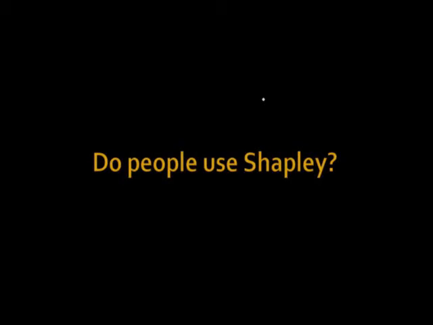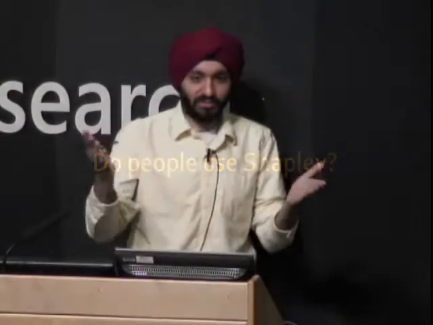I am not going to go into the details of why this is a fair metric, because all of you probably know about this, and Yoram already discussed it yesterday. The question that we asked is, do people play Shapley? Shapley gives you a way of saying this is your power, and this is the proportion in which you should distribute the payoff, but do people actually follow that principle?